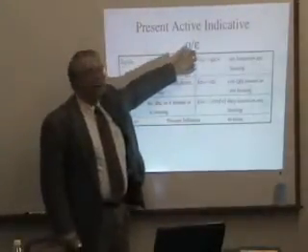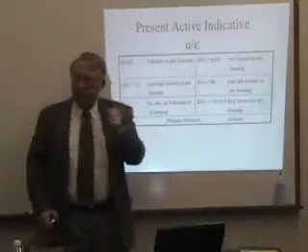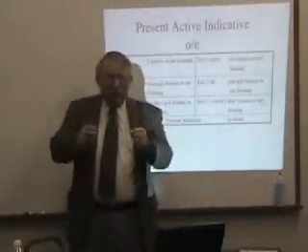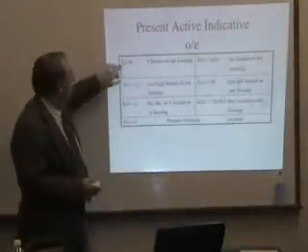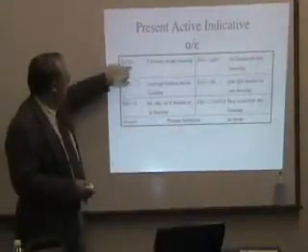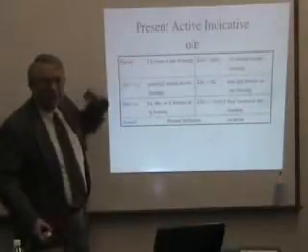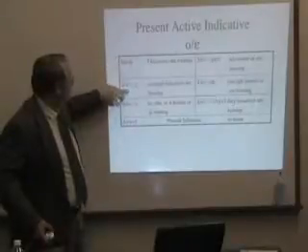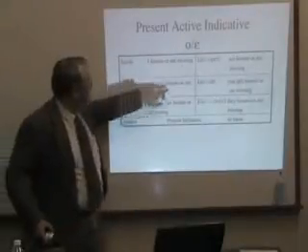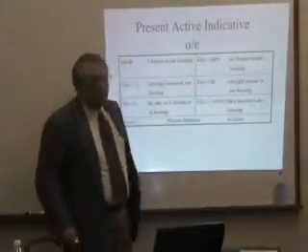These we call connecting vowels. They're like glue. They connect the stem of the word to the ending of the word and put it together. Okay? So we say luo, because that omega is actually the connecting vowel, not the ending. But that's what it becomes, an ending for our purposes. Luo, lueis, luei, luomen, luete, luousi.